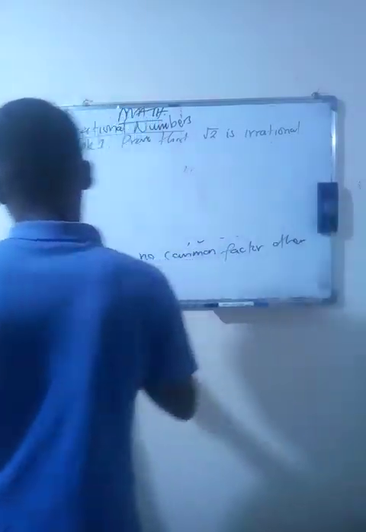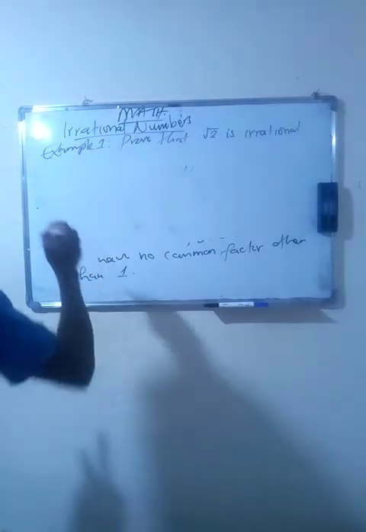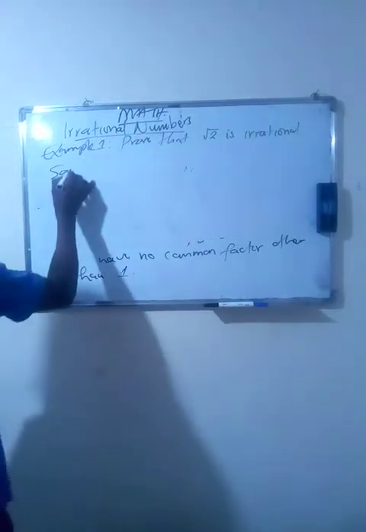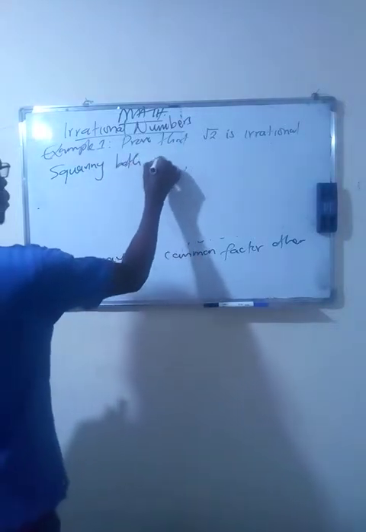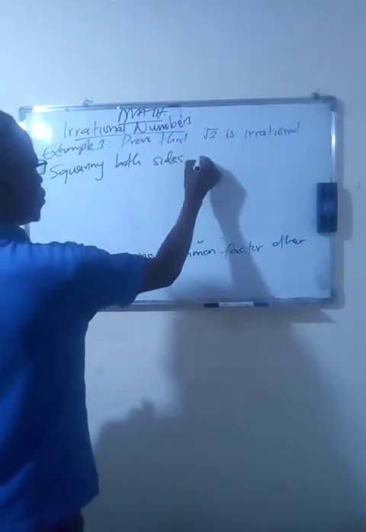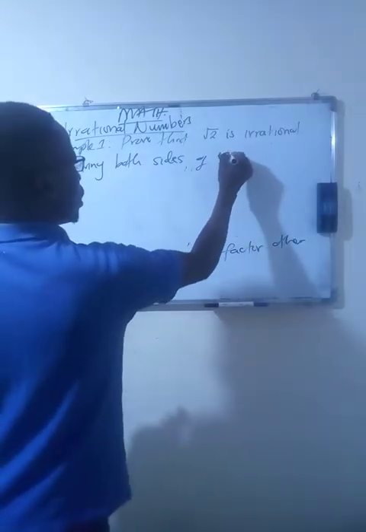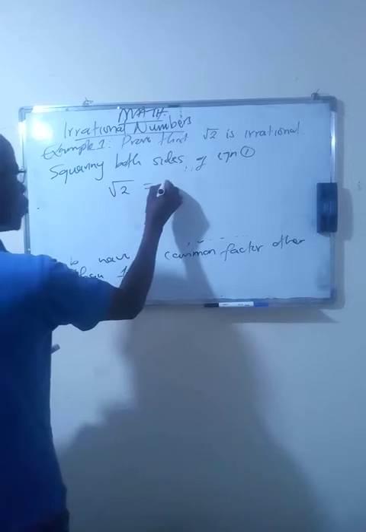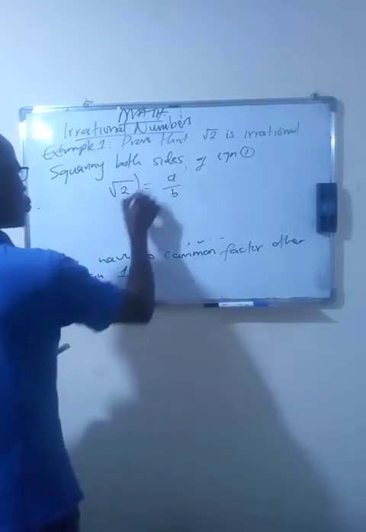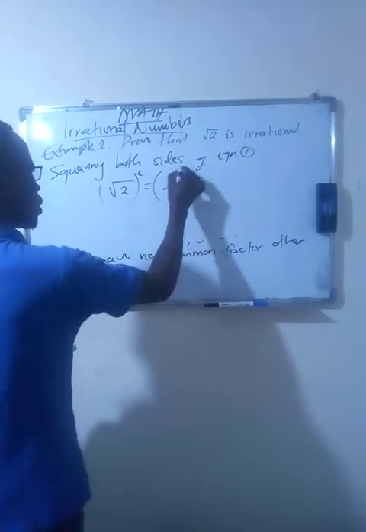Now, how do we make a the subject of the formula? We say, squaring both sides of equation 1. Remember, equation 1 was root of 2 is equal to a over b. So we square both sides.